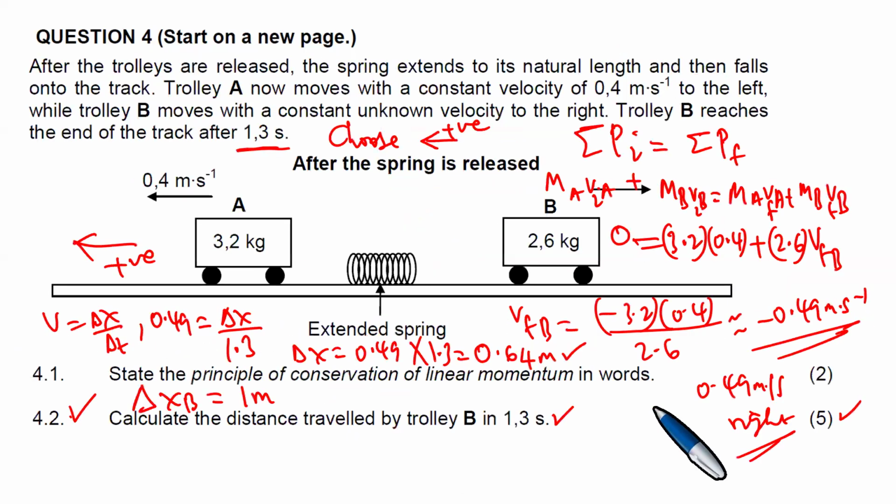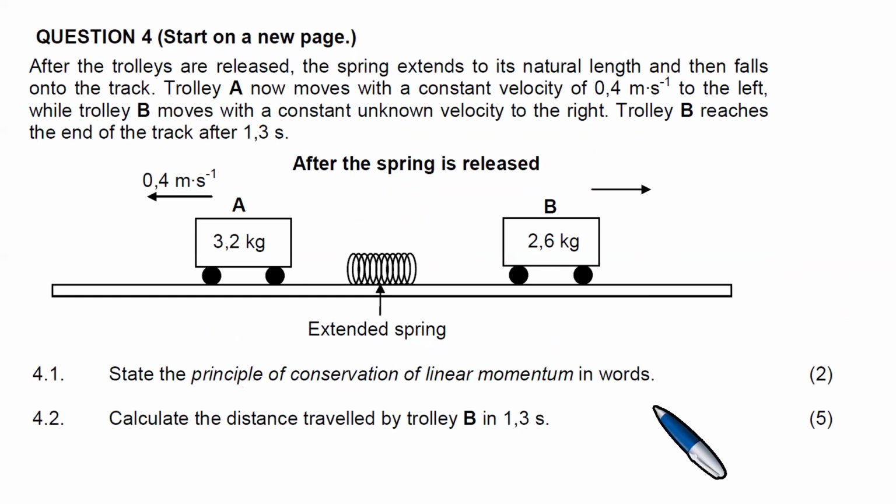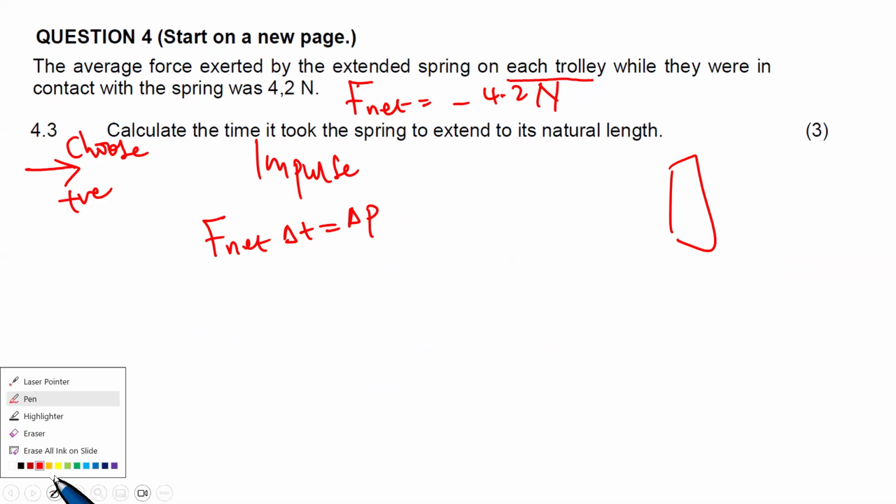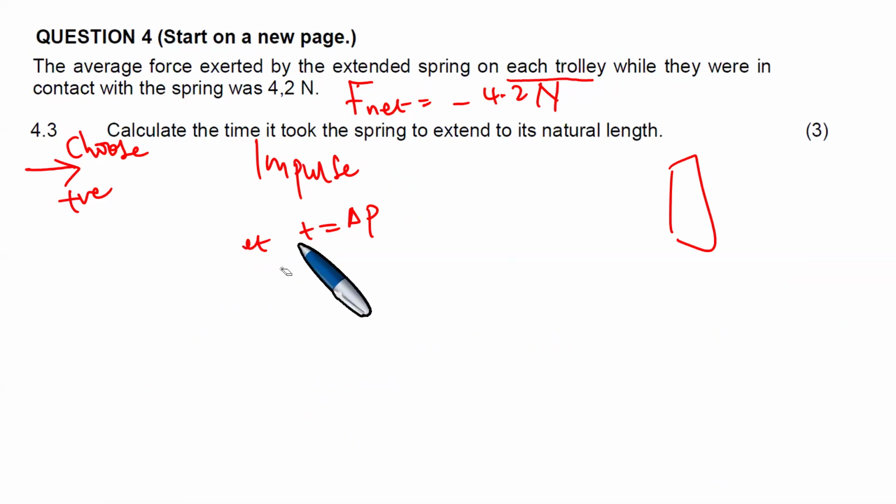Anyway, it's a force that pushes the trolleys away from each other, and in that sense has a tendency of being negative. If we choose to the right as positive, then this is going to be exactly a negative force.